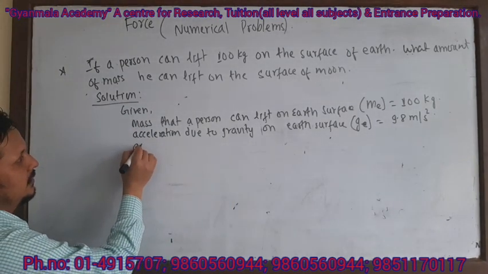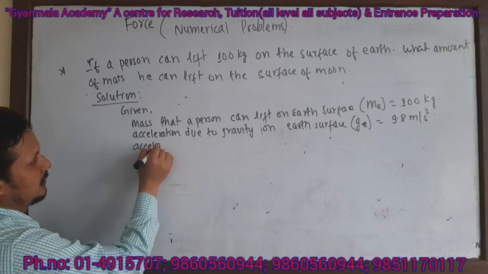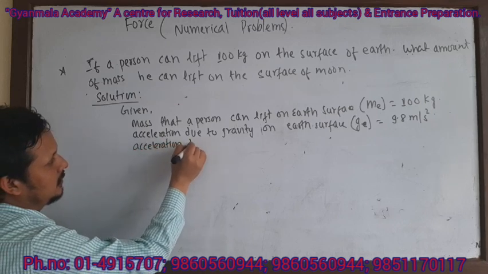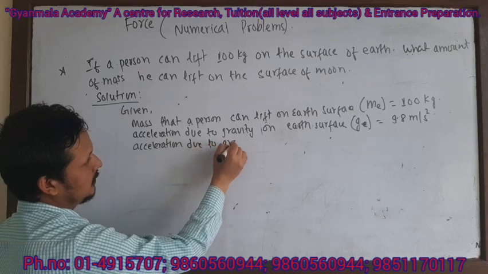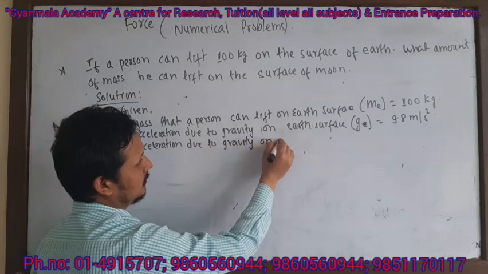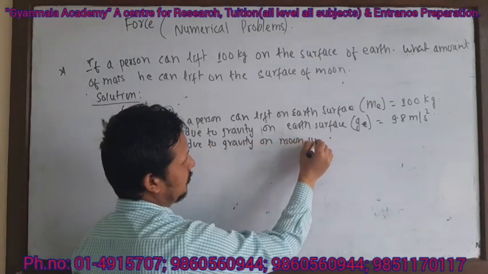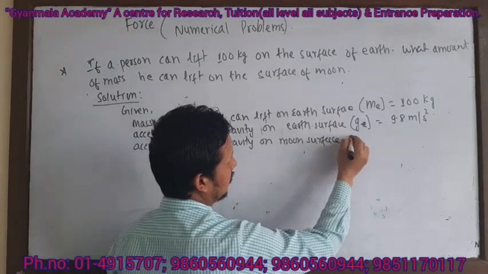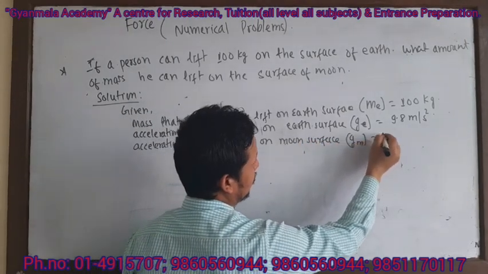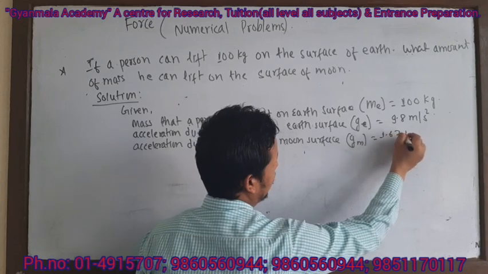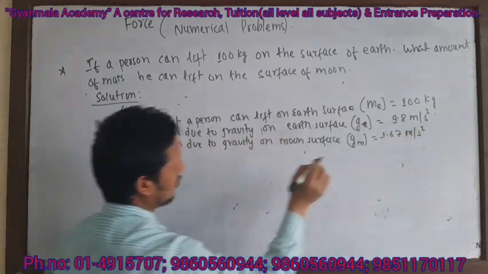Now, acceleration due to gravity on Moon surface, gM equals to 1.67 meter per second square.